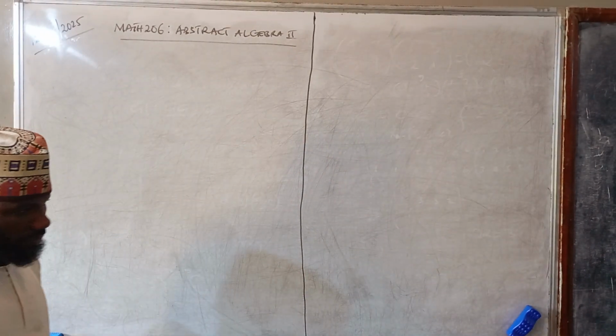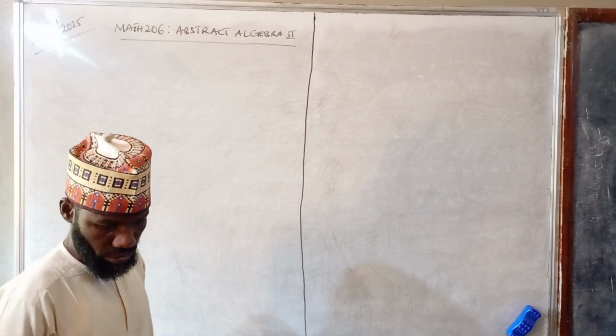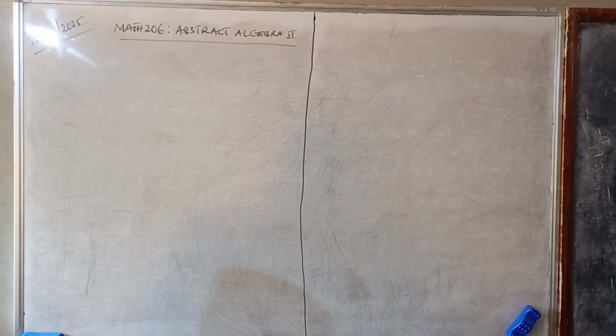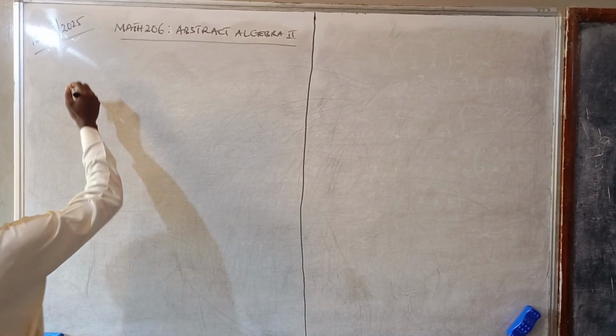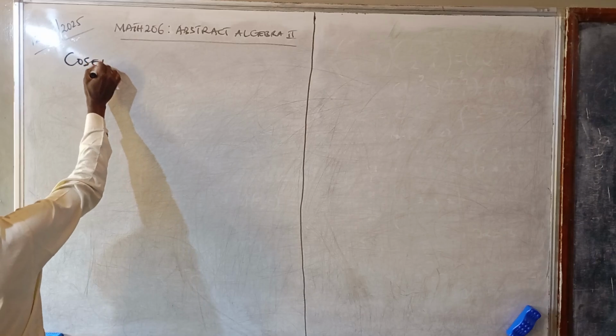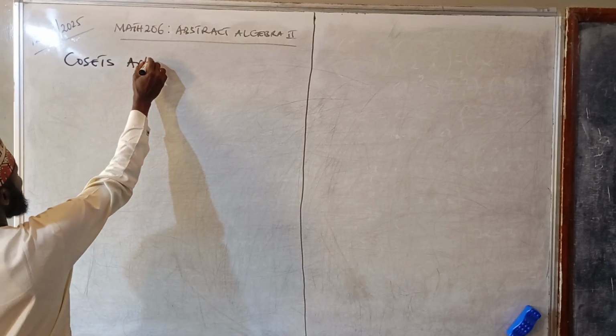So this is a continuation of our discussion, Math 206, after Algebra 2. Today we are going to talk about cosets and Lagrange's theorem.